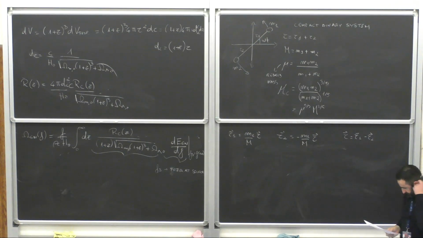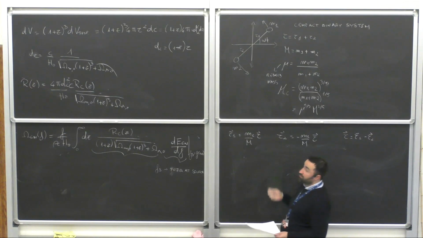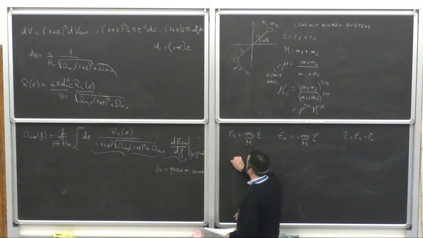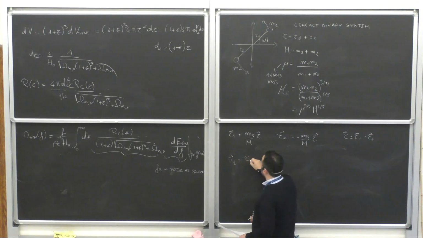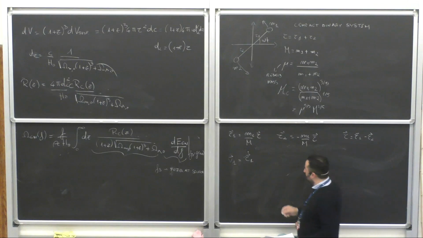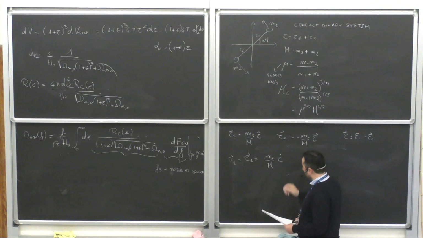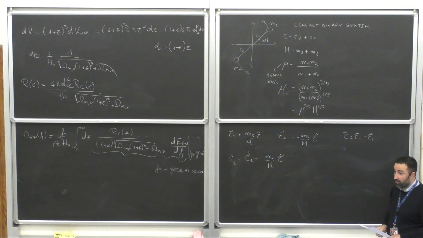Okay, so if now you want to compute the total energy of this system, right? So the next step is to compute, sorry, the velocity. Okay, v1, that will be the derivative of r1, so that is equal to m2 over M r dot.